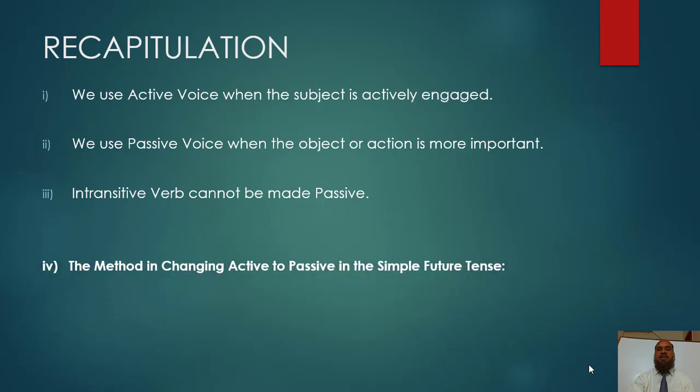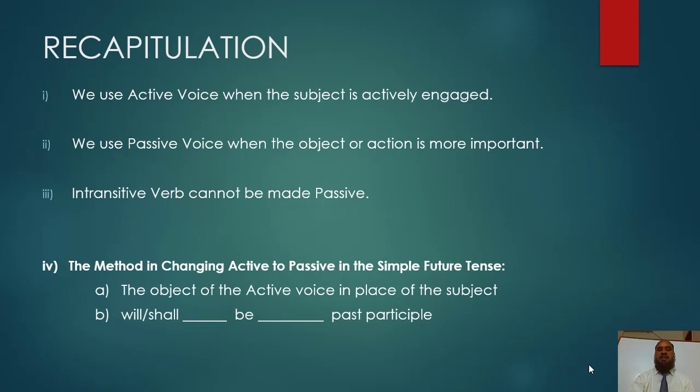The method in changing active to passive in the simple future tense is: at first, the object of the active voice takes place of the subject. Next, we use will or shall, be and past participle form of the transitive verb. And then the subject of the active voice takes place of the object with by.